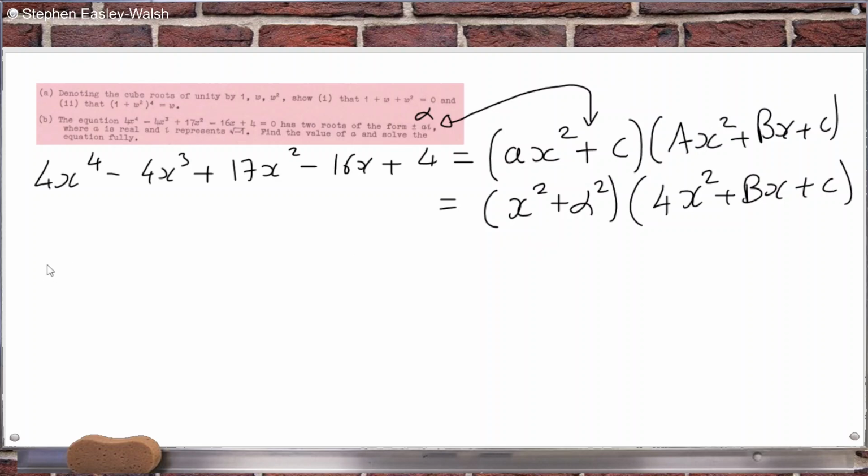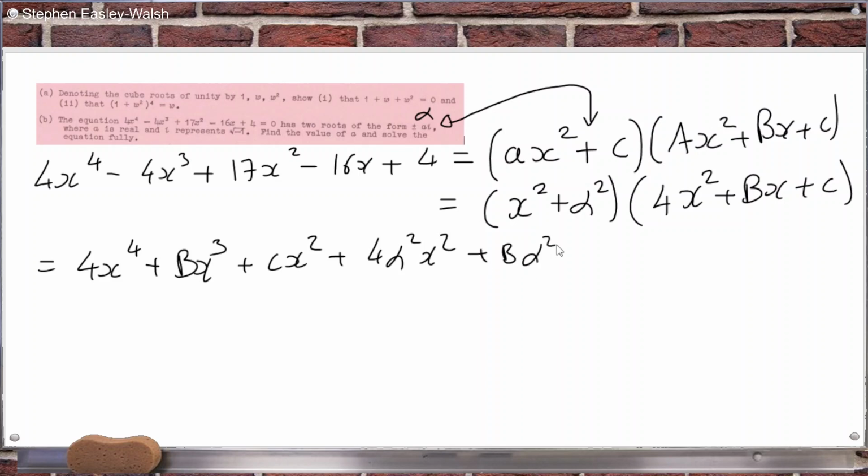So let's do it. So that's 4x to the 4 plus bx cubed plus cx squared plus 4 alpha squared x squared plus b alpha squared x plus alpha squared c. So that's 4x to the 4 plus b... is there no other cubes? 4, 3, 2.